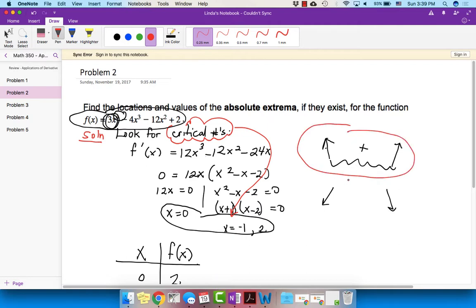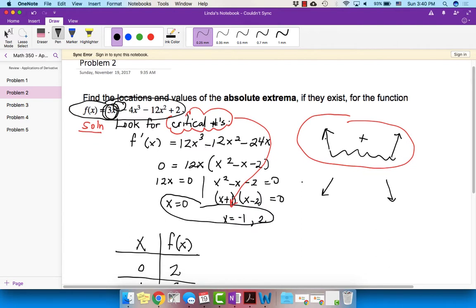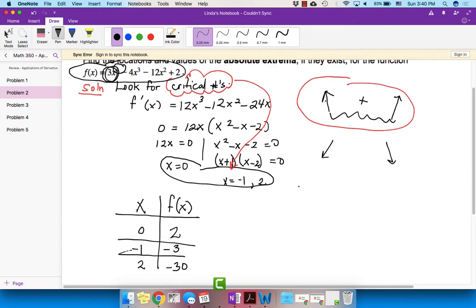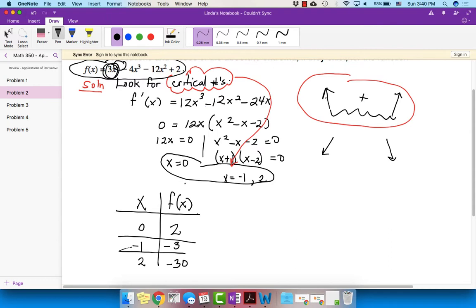Look at that. We fall into the situation meaning that we're not going to have the absolute maximum because it's going to go to infinity. So we will not have an absolute maximum. We will have a local or relative maximum, but we do have an absolute minimum. Therefore you cannot say that this is the absolute maximum.